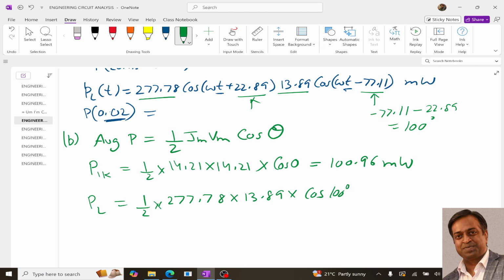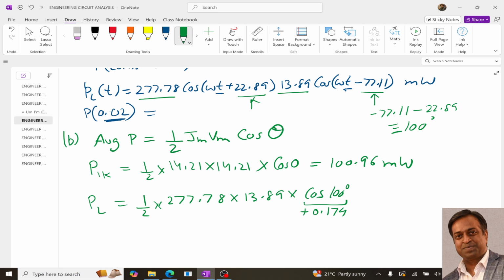Just a minute, cos 90. Yes. So cos 100, it is minus 0.1. Okay, it is not 100, it is minus 100, so it will be plus 0.174.